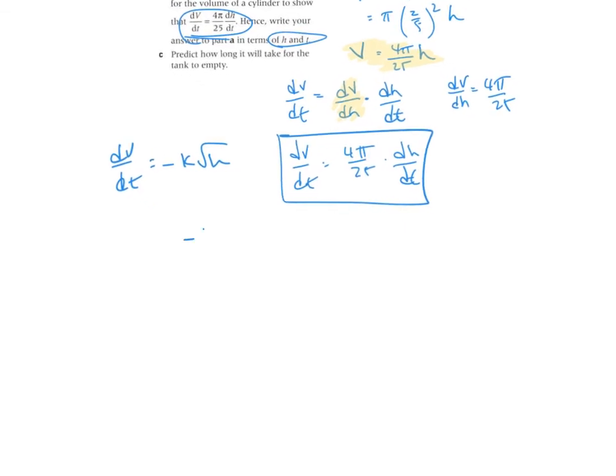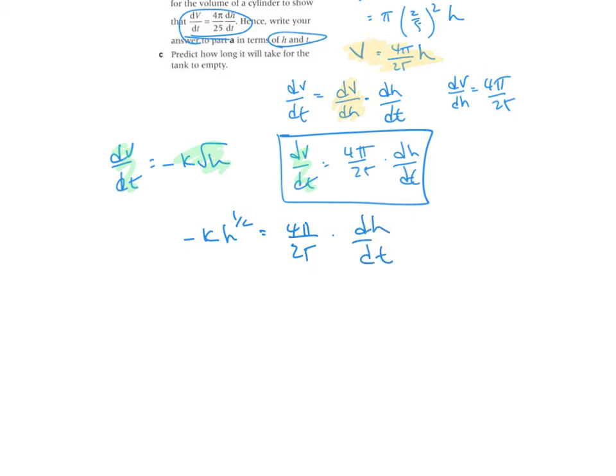So negative k h to the 1/2 is dV/dt, the same as that, and so it becomes negative k h to the 1/2 equals 4 pi over 25 times dh/dt.